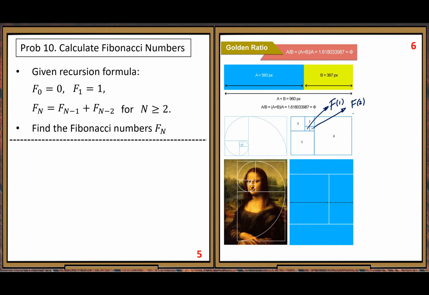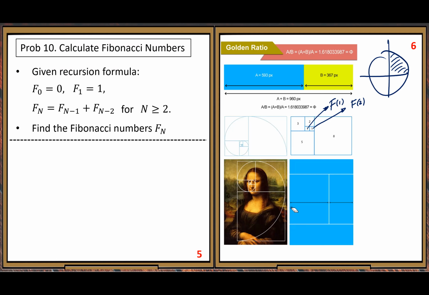The interesting property from this rectangle: if you draw a quarter arc, a 90-degree quarter of a circle, for each square, and connect them, you get a nice spiral curve.